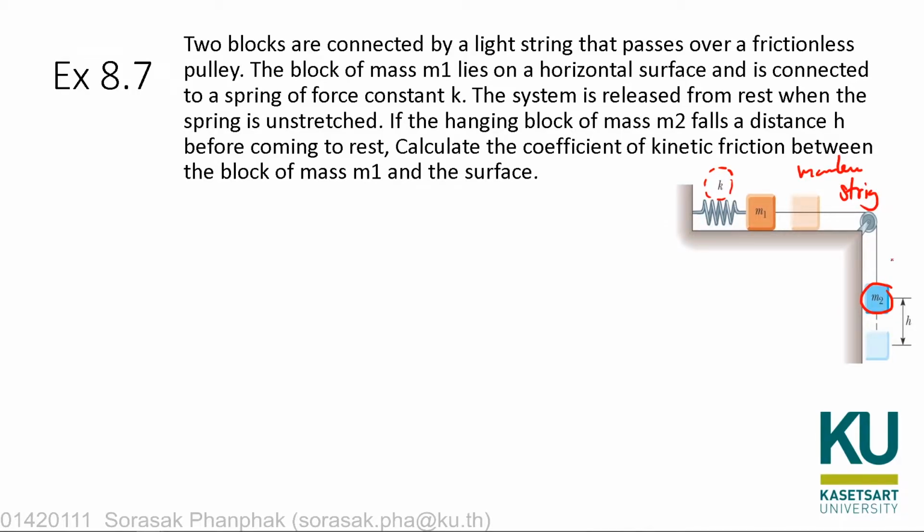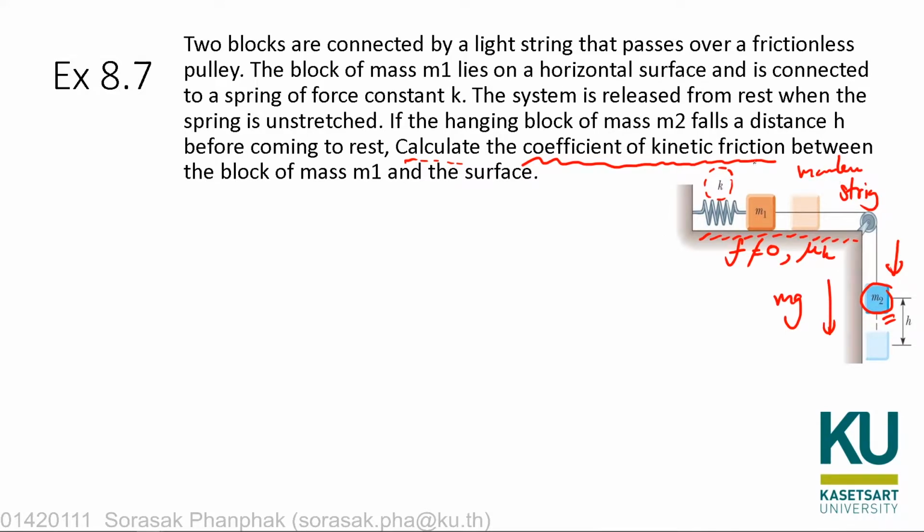This object is going downward due to the gravitational force m2g, like this. You would like to calculate the coefficient of kinetic friction between the block m1 and the surface. On this plane the friction is not equal to zero, so you have the kinetic friction over here.